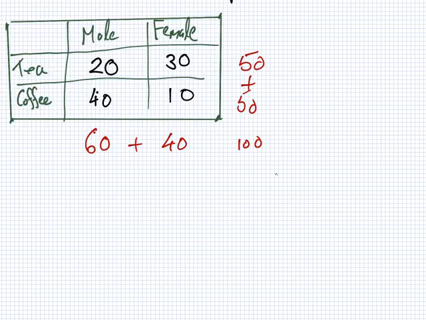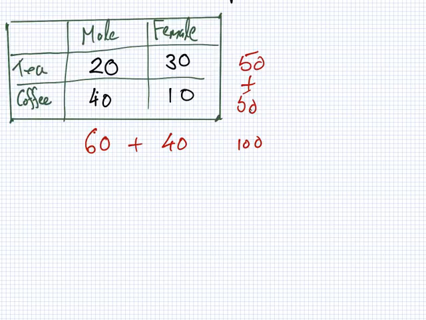Now, why did the two add up to both make 100? Well, in this case here, you're splitting the group into men and women. 60 men, 40 women, 100 people altogether. In this case here, you're splitting the group into tea drinkers and coffee drinkers. 50 tea drinkers, 50 coffee drinkers, 100 also in total, because there's still 100 people.